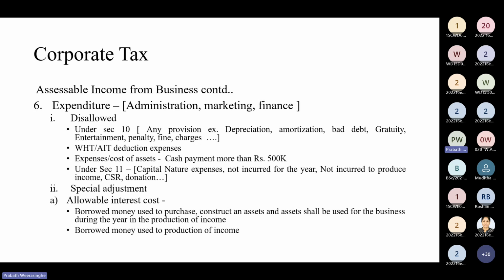If we fail to deduct the relevant withholding tax, or we have deducted but not remitted, it is not a deductible expenditure, right?